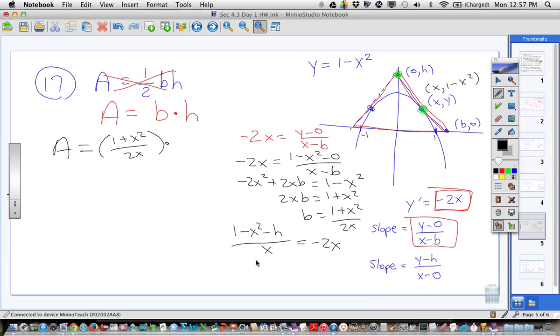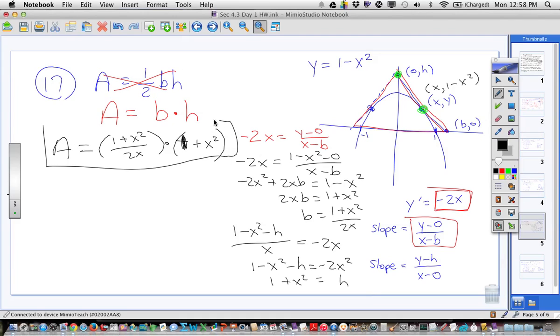So now I multiply the x over there, I get 1 minus x squared minus h equals negative 2x squared. If I move my h over to the right, add the 2x squared over there, I get 1 plus x squared. So h is 1 plus x squared. So now I am done with step 3.